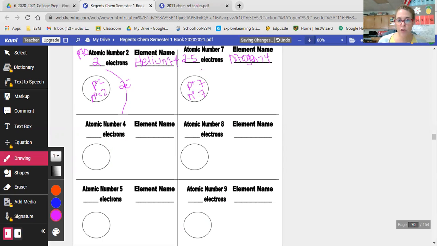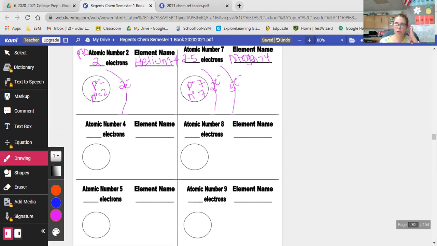Now I have 7 electrons to place. The first energy level holds 2 electrons, so there's 1, 2. The rest of those, the 5 that are left, have to go up to the next level. That's where I'm going to put those 5 electrons.